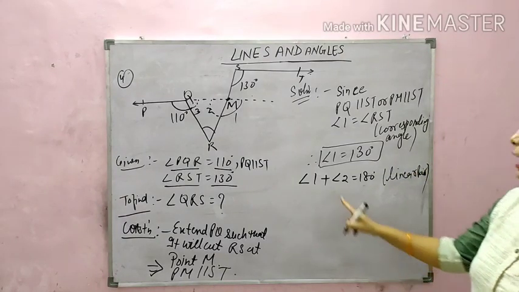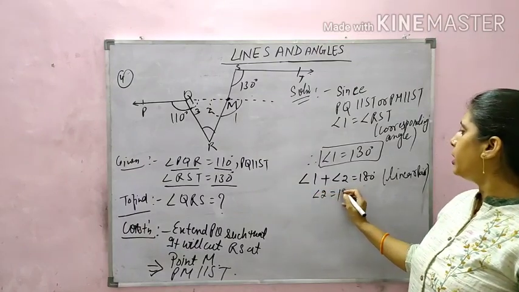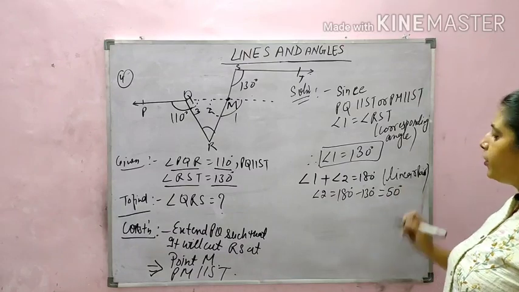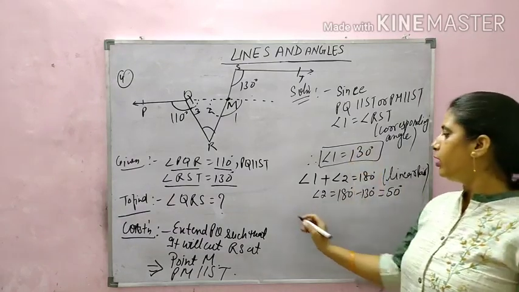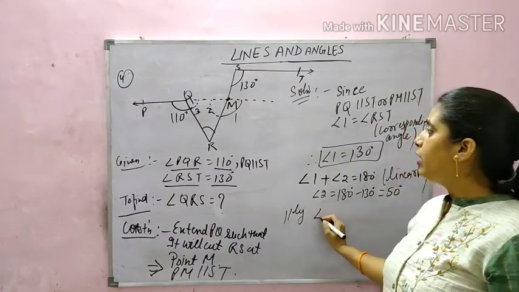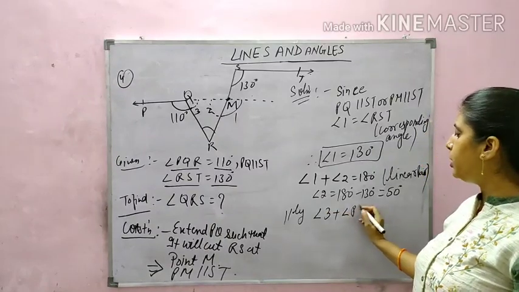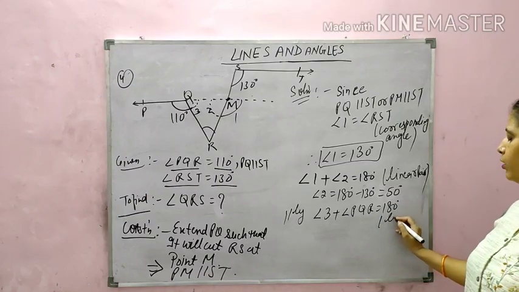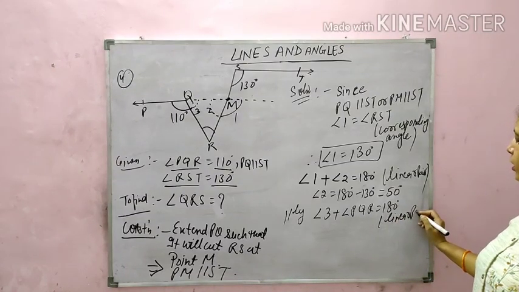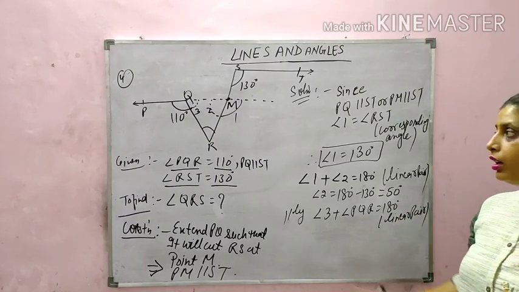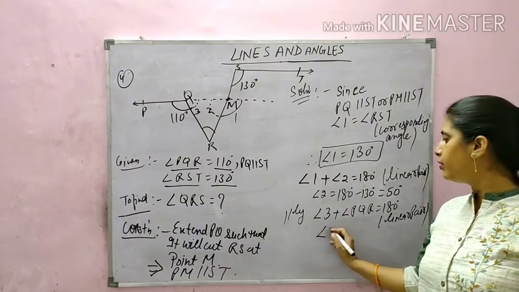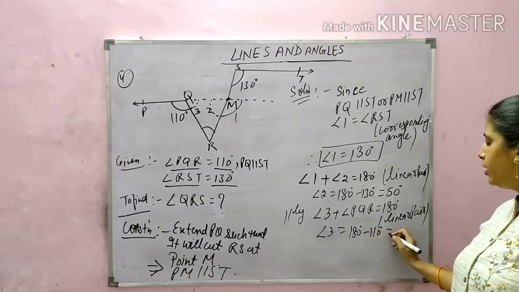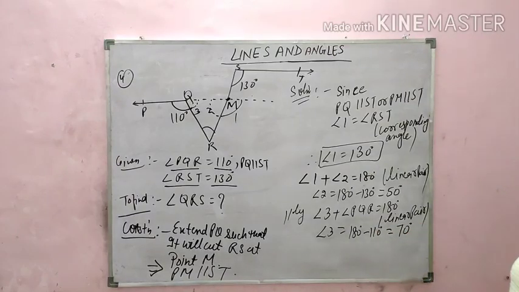Angle 2 will be 180 minus 130 degrees, then angle 2 will be 50 degrees. Similarly, angle 3 plus angle PQR equals 180 degrees, linear pair. Then angle PQR is 110, subtracted, so angle 3 will be 70 degrees.